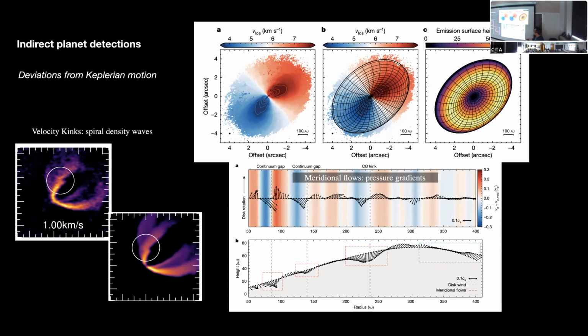So in a paper by Richard Teague and company, they show that there are zonal flows, there are departures from this motion, and those may be created by gradients in the pressure. If there are, for instance, density gaps, they might create a departure from the Keplerian flow, leading to these meridional flows, which are indicated by these arrows. So this is roughly the sketch. The arrows are indicating where this is actually pointing.